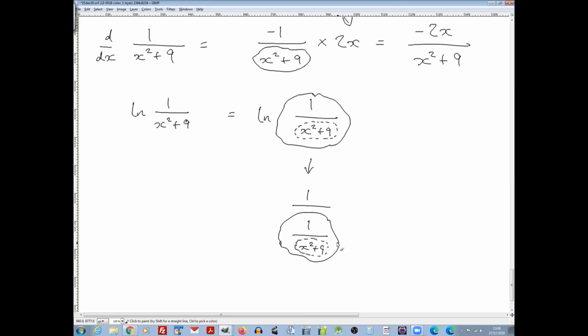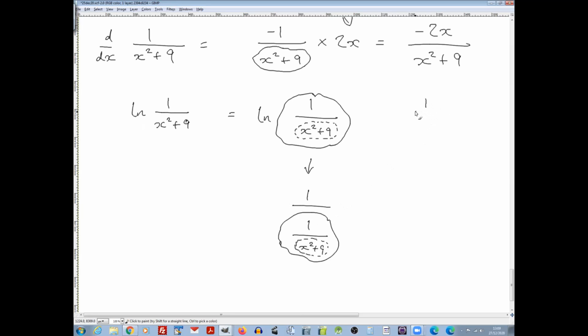Indeed it does. So we'd get 1 over 1 over x squared plus 9, wouldn't we? Actually, when this simplifies, it's going to be simpler than that.